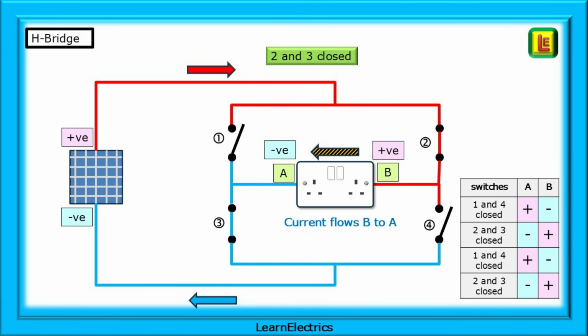Looking at column A of the table, we can see that the voltage polarity at point A is alternating between positive, negative, positive, negative. The H bridge has changed the voltage from a unidirectional flow into an alternating AC current. It is inverting or reversing the signal each time.